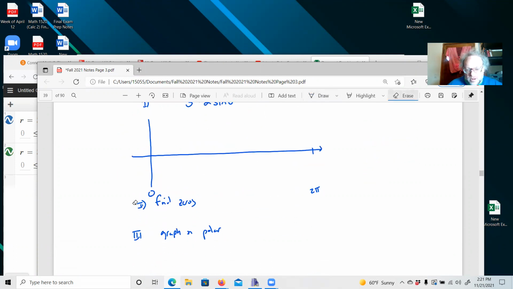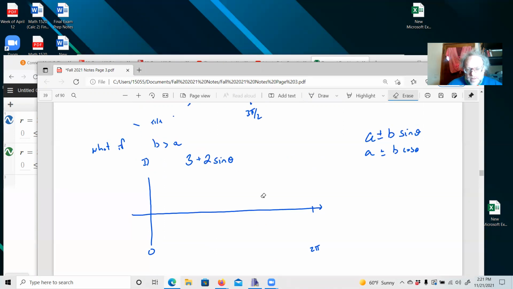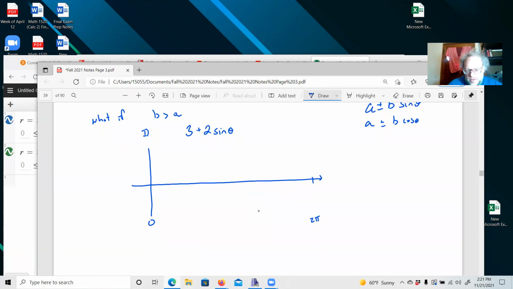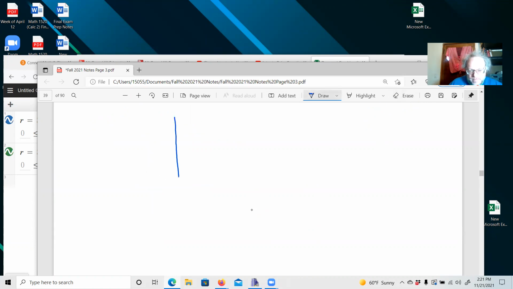Erase this so I have a little bit more room here. All right. So we're going to draw this. Here's pi. Actually, I need to insert a whole bunch of room here. One, 2, 3, 4, 5. 1, 2.